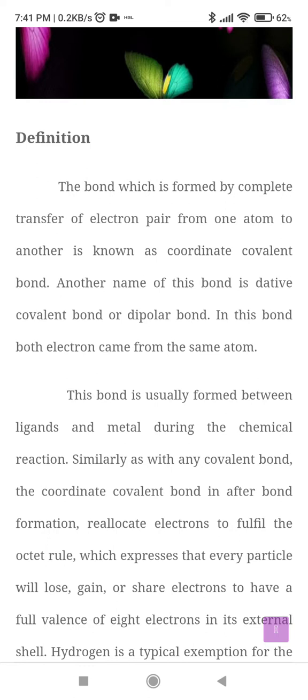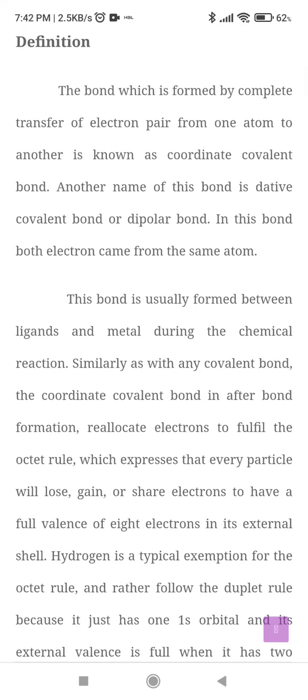In this bond, one atom acts as a receptor and one atom acts as a donor. Another name of this bond is dative covalent bond or dipolar bond. In this bond, both electrons come from the same atom. This is the most important thing in this bond.